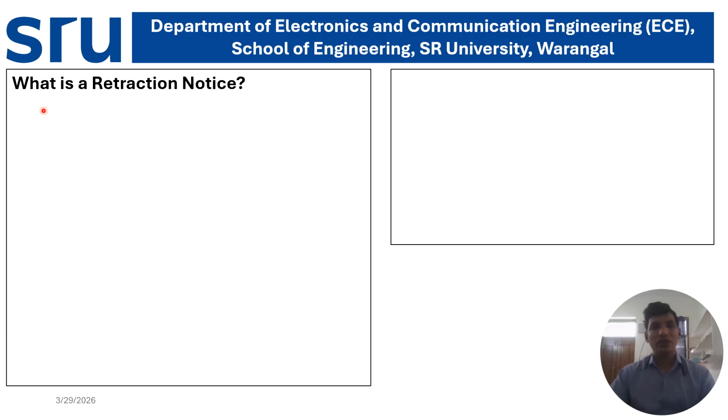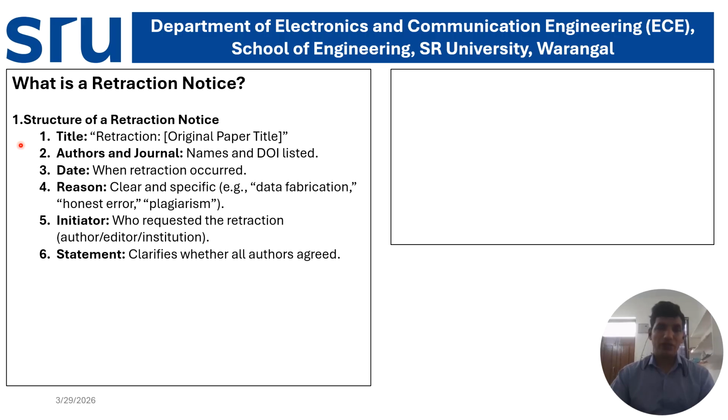Now, what is a retraction notice? First of all, I will show the structure of a retraction notice. Title: Retraction, with the original paper title. Authors and journal names and DOI listed. Date: when the retraction occurred.